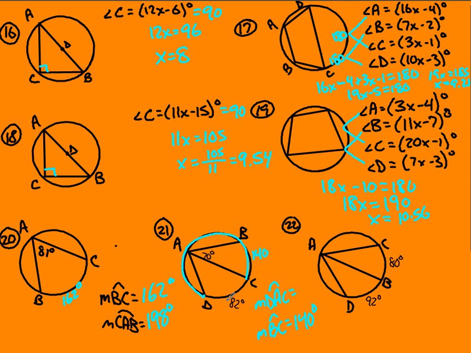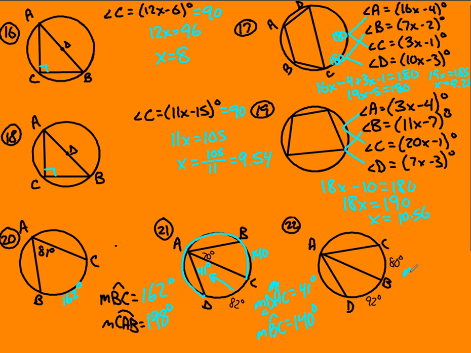Well, that's everything but 82. 360 minus 82. So what I should get for that is not what I have on here. It's not the arc DAC. They wanted the angle DAC. So they wanted this angle looking in. Well, it needs to be half of 82, which is 41 degrees. That's why 41 is your answer there.